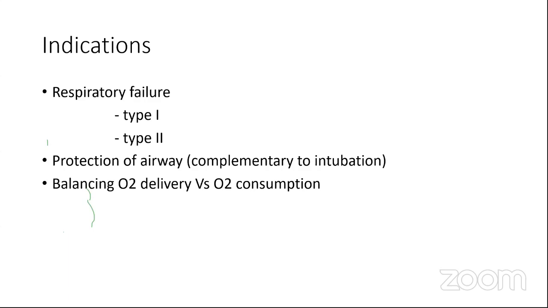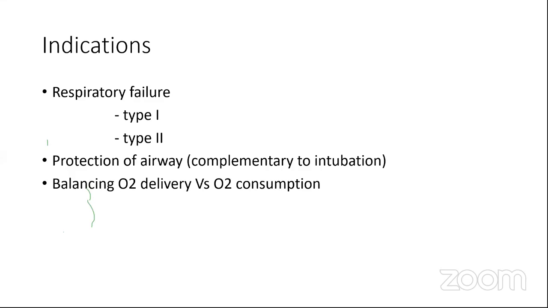But also, very frequently, we do ventilate patients just to protect the airway. And in this scenario, what the patient really needs is an endotracheal tube, not necessarily mechanical ventilation. But you cannot intubate a patient, but then not ventilate him. So this is another major indication.